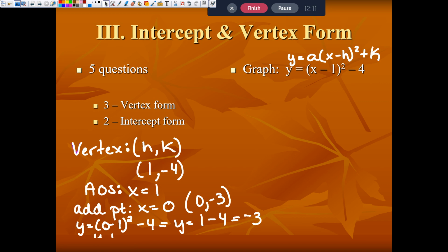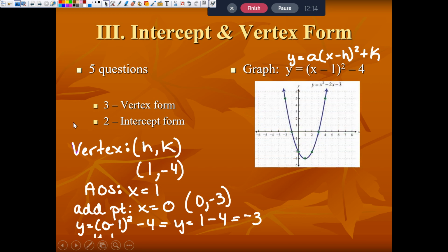So when graphing this, I would graph my vertex, my additional point, and mirror that point over, and then draw my graph.